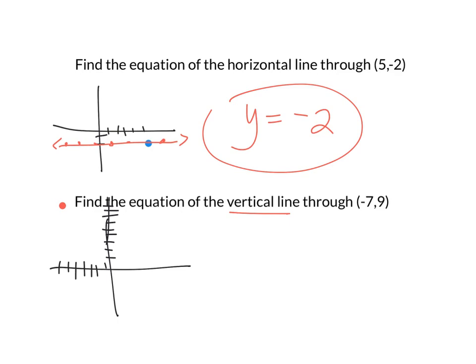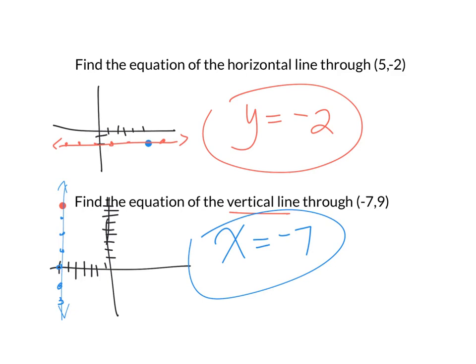Okay, so we have this vertical line right here. You'll notice again, for this vertical line, something remains constant. Everywhere on this vertical line, the x value is the same. The x value everywhere on this line is -7, and that's actually my equation of my line.